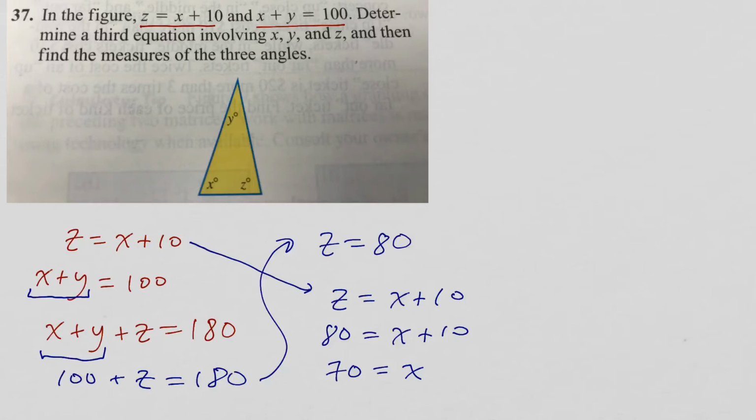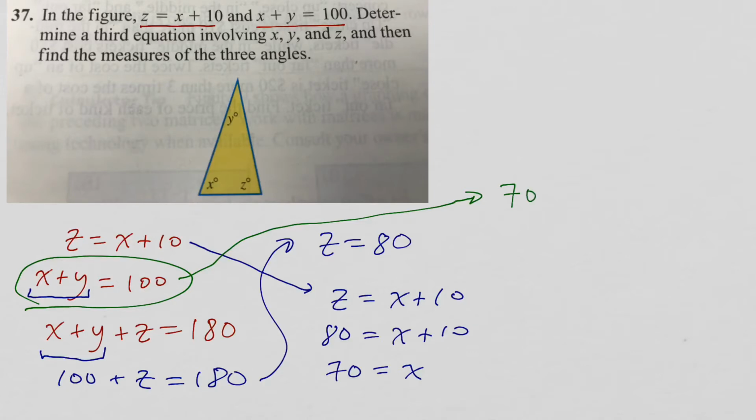And finally, this equation here tells us that x plus y is 100. So we've got 70 plus y is equal to 100. So y must be equal to 30.